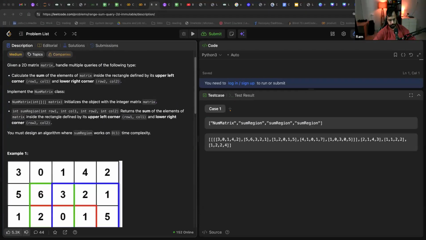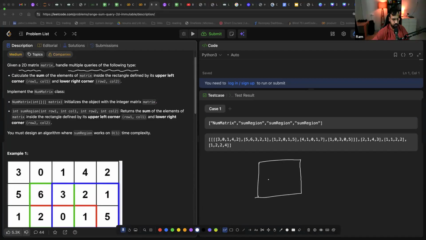What does it say? The question is that given a 2D matrix, handle multiple queries of the following type. So we will be given a 2D matrix, something like this. Calculate the sum of the elements of the matrix inside the rectangle defined by its upper left corner and lower right corner.